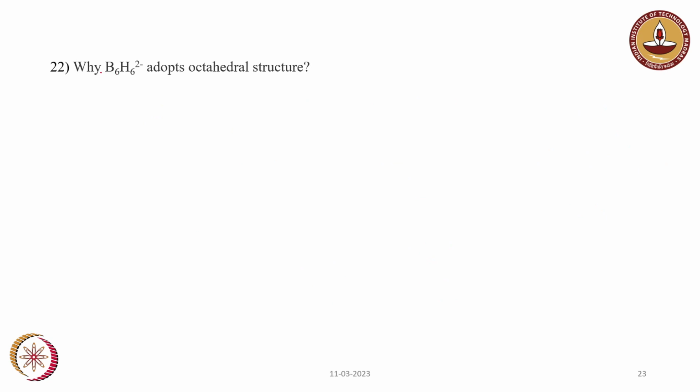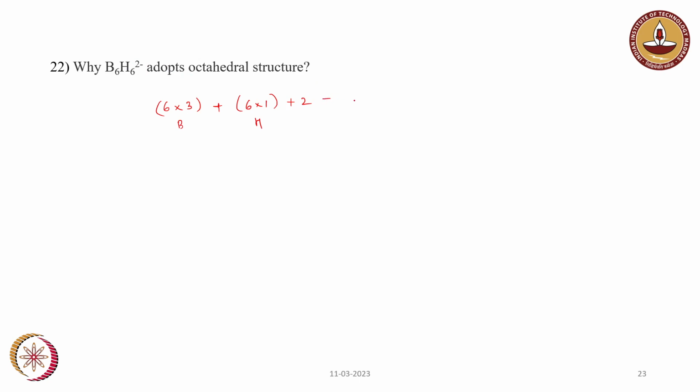Next question is why B6H6 2 minus adopts octahedral structure. In B6H6 2 minus, 6 borons are present, so 6 into 3 valence electrons from boron. Then we have 6 hydrogens, 6 into 1 electron from each hydrogen. Then the negative charge is there, so it should be plus 2.